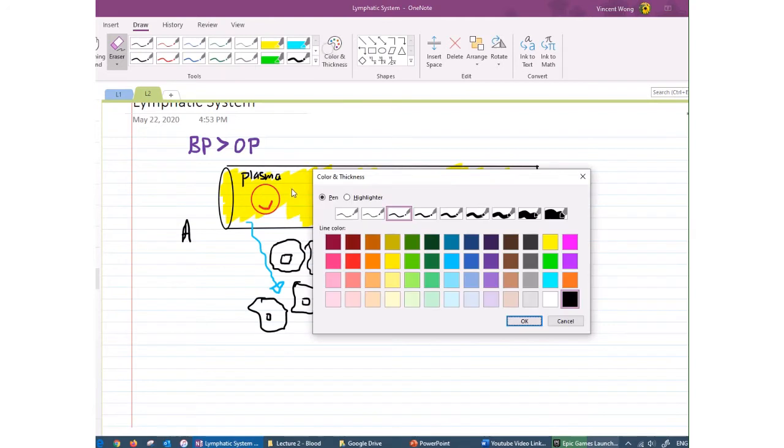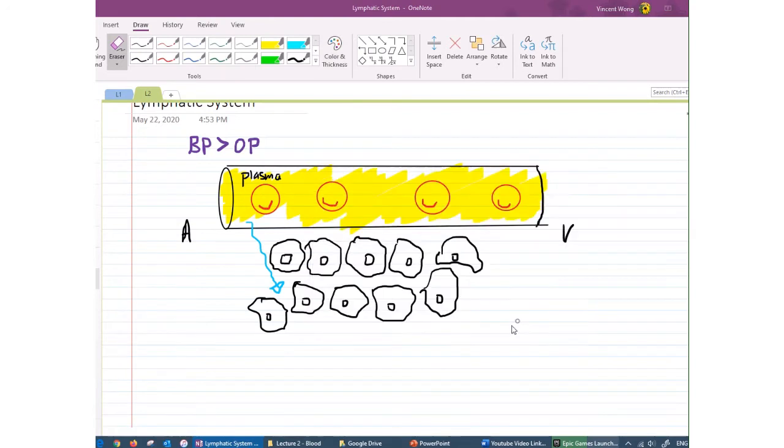So once the fluid leaks out from the capillary because of the pressure difference, it is going to fill up this space between the cells. Okay, so the fluid that exists between the cells, we call interstitial fluid.